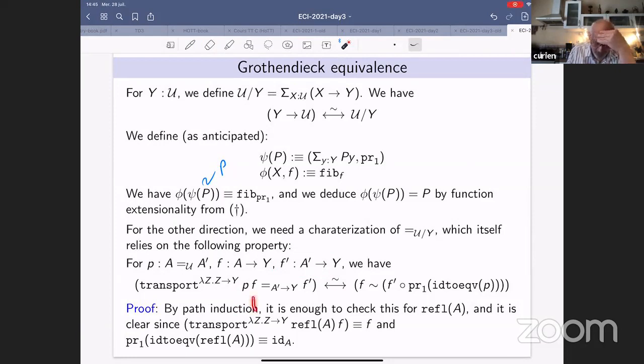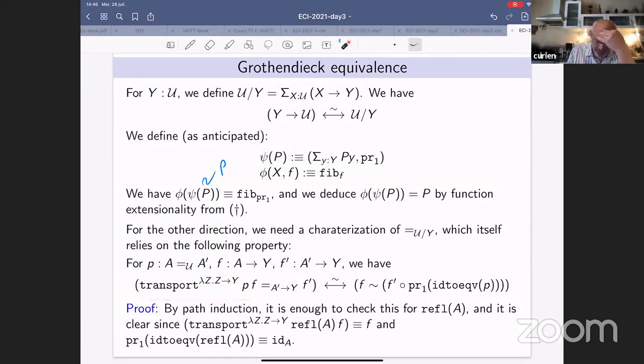I can transport F, and the result of this transportation lives here. Okay, that's what this type family is doing for us. So this type checks again.